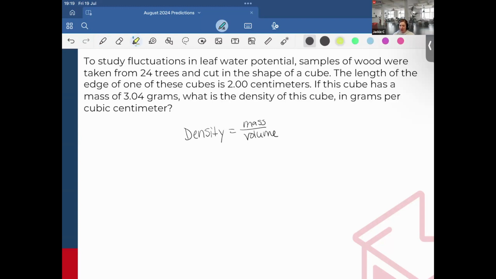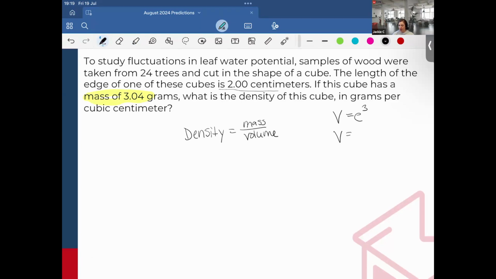I'm given the mass, right? So mass is 3.04 grams. And I know the length of one of the cubes. I have to put that over volume. Okay, so volume is equal to edge cubed. So volume is equal to 2 cubed, which is 8. And now I just have to plug that into the formula.